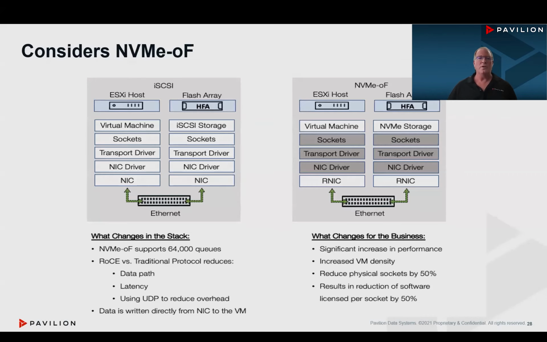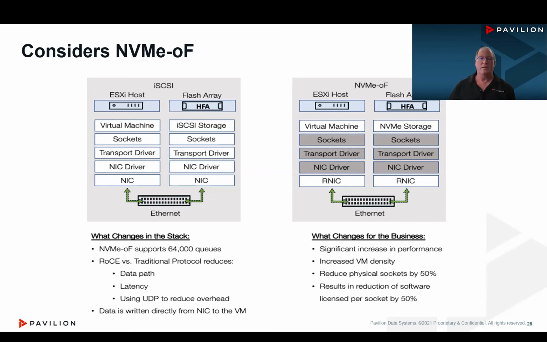So when you look at NVMe over Fabrics and you look at the stack, and let's compare the stack on the left to the stack on the right, in iSCSI, I'm going through all kinds of layers to move data from a host to an array. And we showed you earlier the improvements in IOPS, both read and write, and in latency.